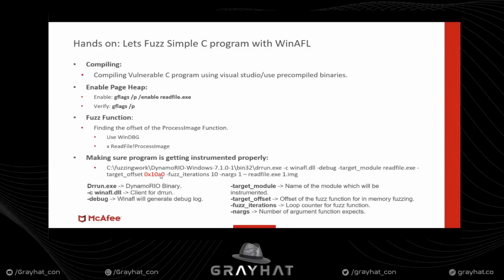That will actually restore the state of the system to how it was before executing this function. So what fuzz iterations means over here is that the same process will be repeated 10 times. So it means that 10 times it will call the pre-fuzz handler and the post-fuzz handler.